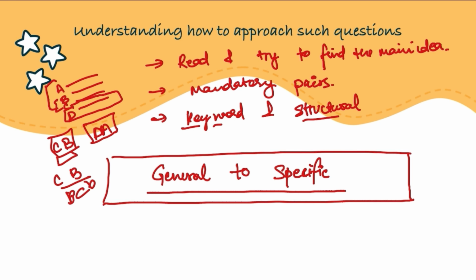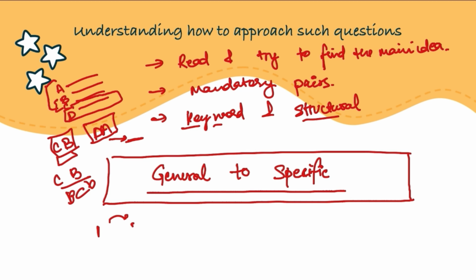Again, this will follow the general to specific rule. I will find out which of these two mandatory pairs gives the most general information, put that one first, the most basic one first, and then the next one, right? This is how I can generally approach these kinds of questions.